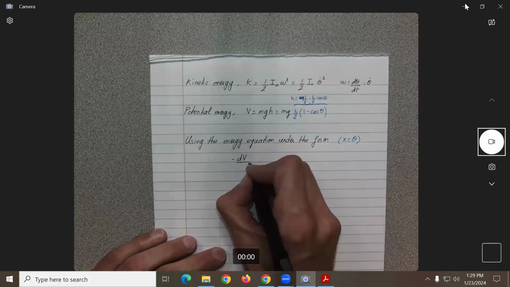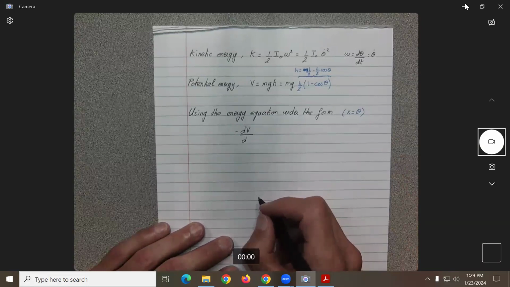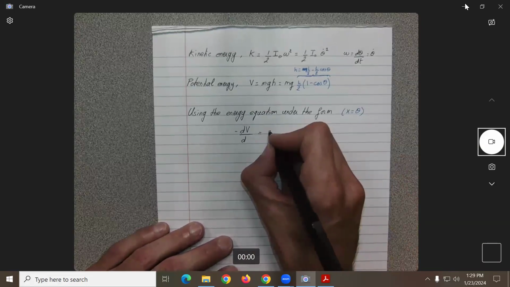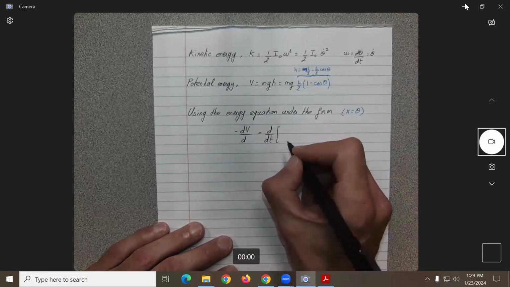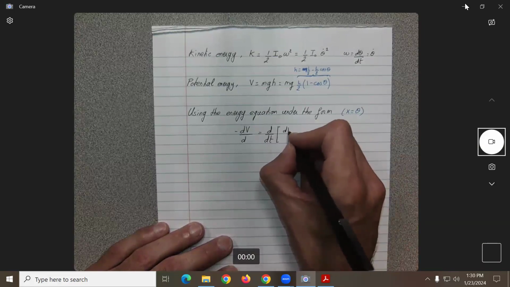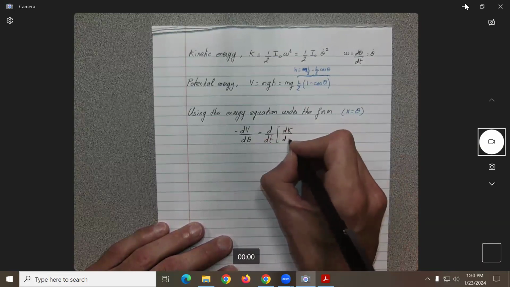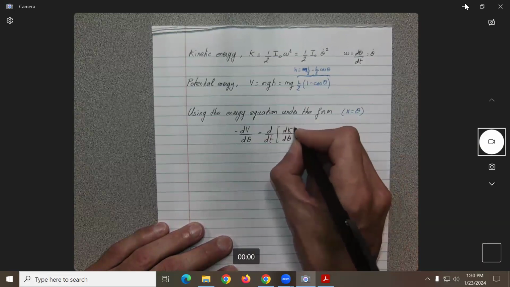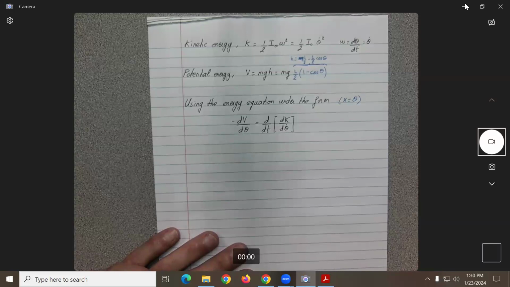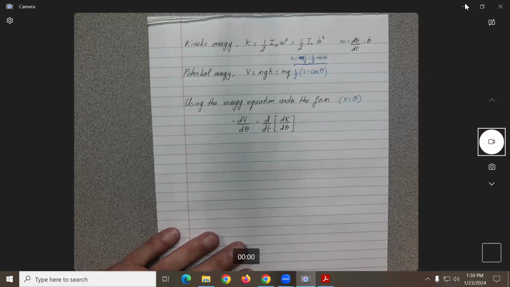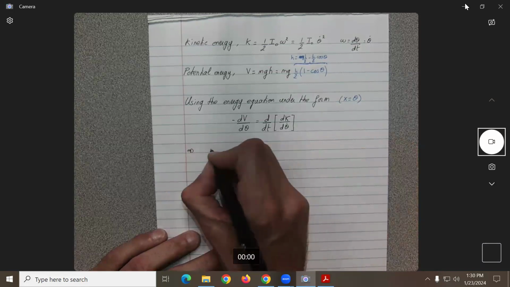Minus dV divided by what? d theta, and over here we're going to have d theta dot, no? That is our variable. Okay?